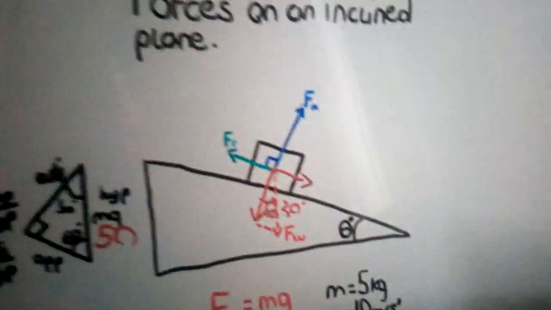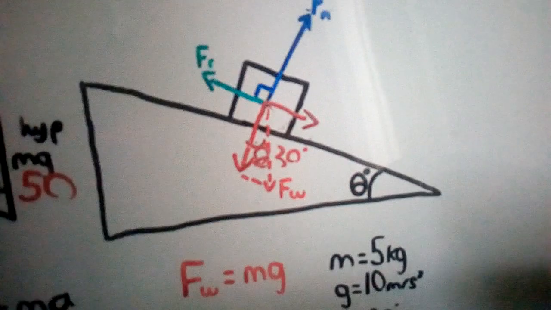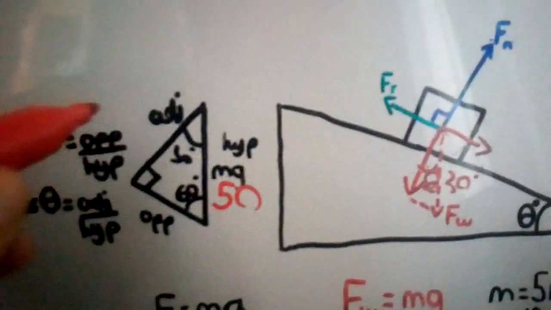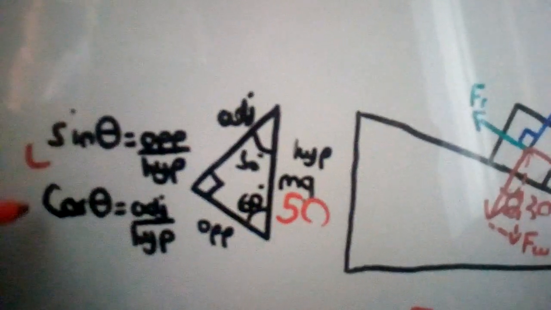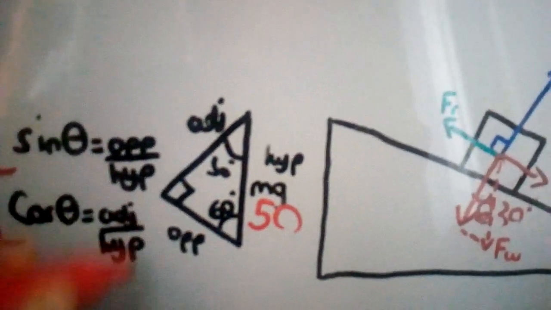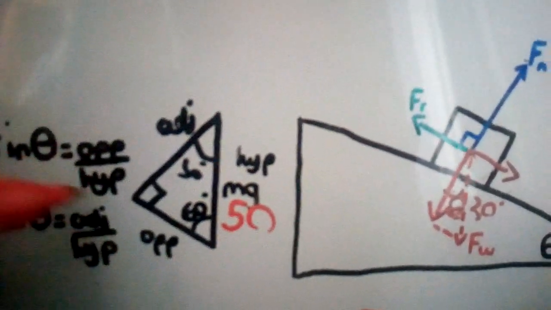And what I'm wanting is these two sides here, the adjacent and the opposite sides. So with these equations I have here, I'm going to times both sides by the hypotenuse. You rearrange it to get opposite and adjacent by themselves.